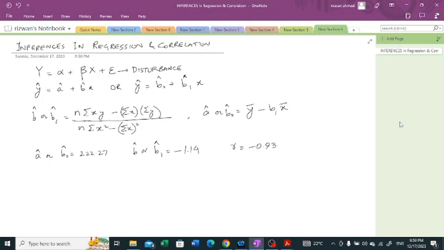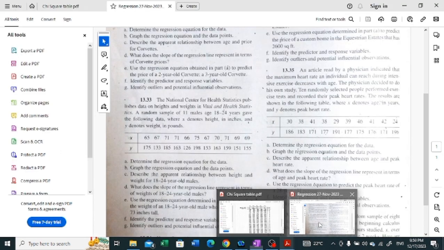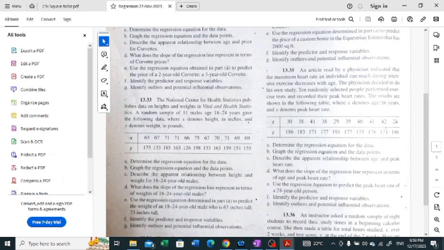Now, this is how we have determined the regression model, and we can write it down as 222.27 minus 1.14 times x. Now, let's suppose we would like to predict, for a given value of x, that is age, the corresponding estimated peak heart rate.